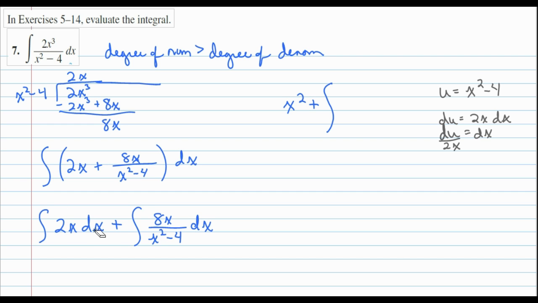First of all, the antiderivative of 2x dx is just x squared. Plus, and then 8x is now going to be over u. dx is du over 2x.